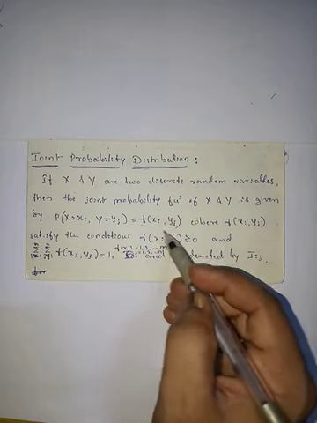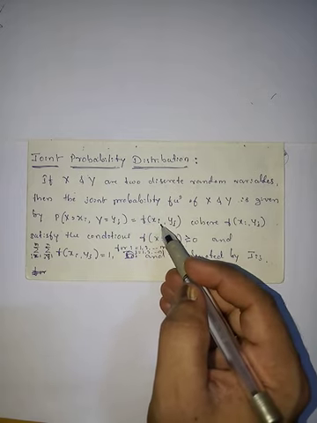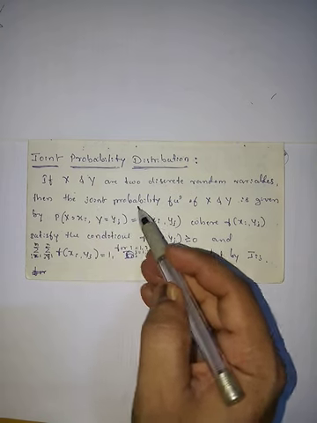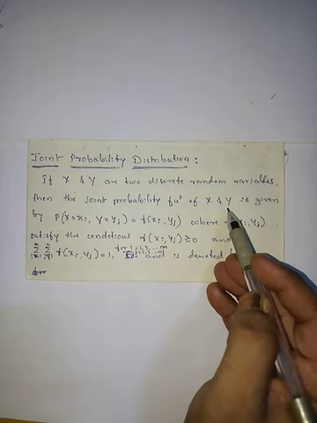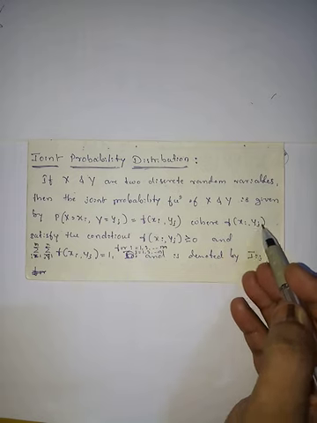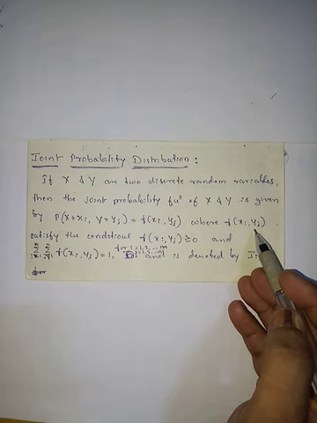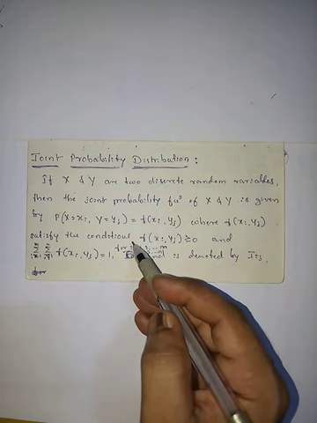So this notation represents the probability, or we say joint probability of x and y, okay, where this joint probability function of x and y satisfies the conditions.